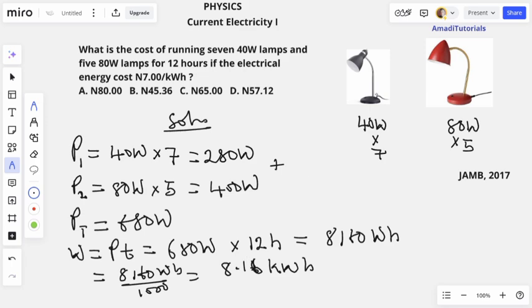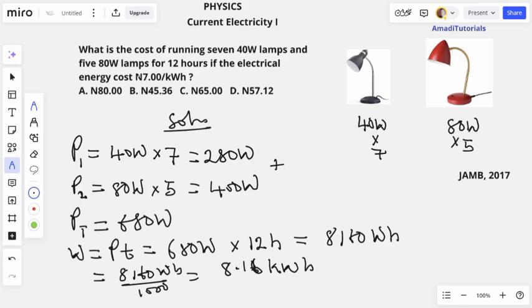So the total energy drawn from these lamps running them for 12 hours will be 8.16 kilowatt hours.